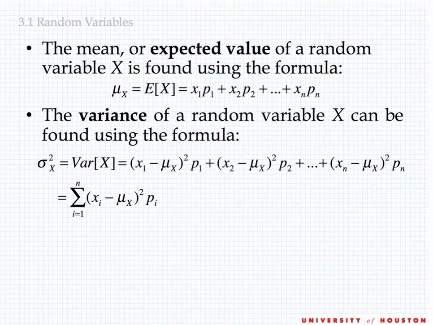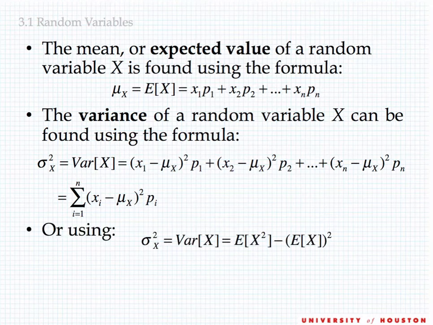The variance of a random variable can be found using the formula x value minus mean squared times the probability. We add all those up, and that's the variance. There's a shortcut formula.